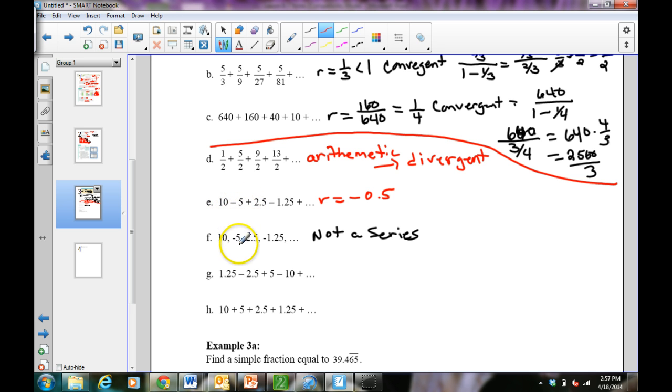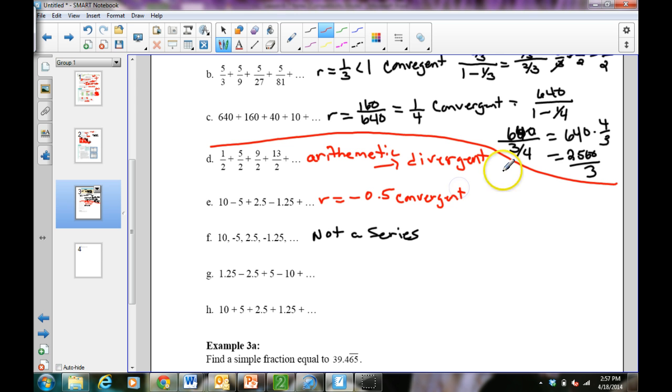Why is it minus and plus? Because this is already negative, and if I divide it by negative 2 again, it becomes a positive. And if I divide it by a negative 2, it becomes negative. So it will switch around every time if it's negative. So my R value is negative 0.5, with an absolute value of 1/2, right? So this one is convergent.